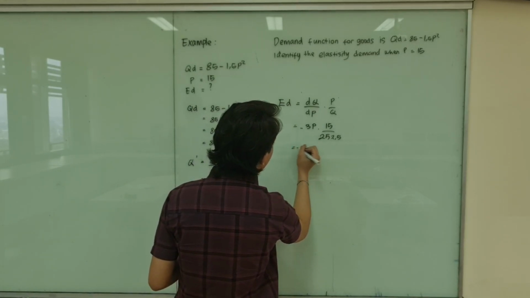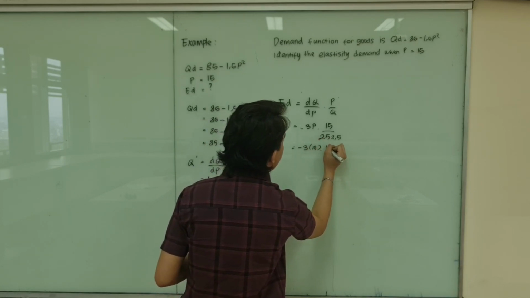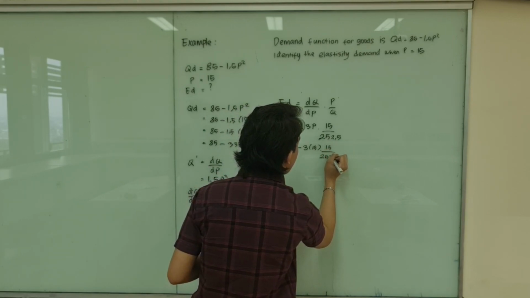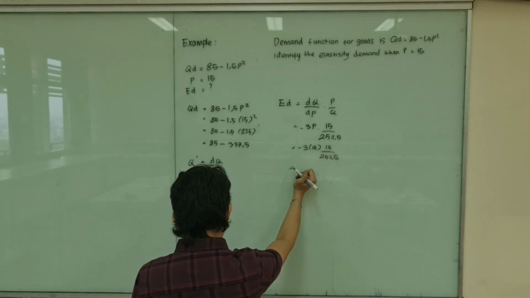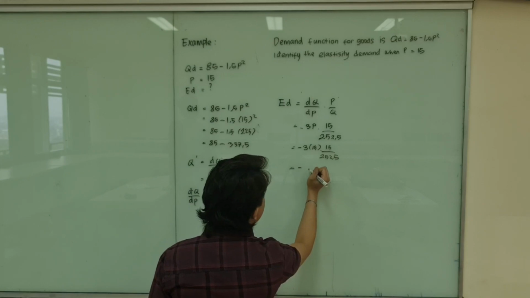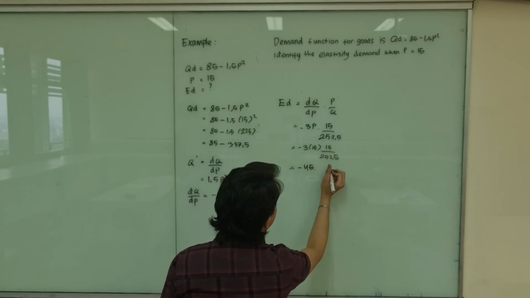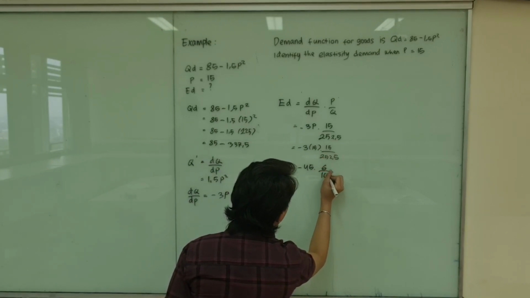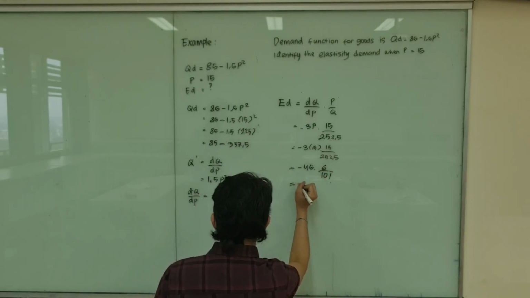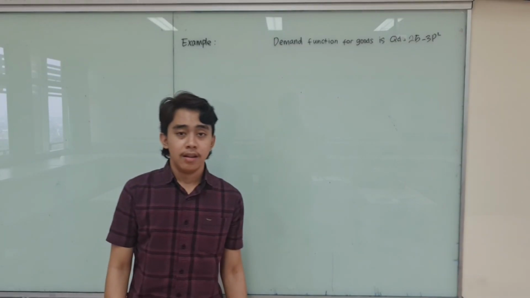So minus 3 times 15 times 15 over 252.5. So it's minus 45 times 15 over 252.5. The result is minus 2.67.